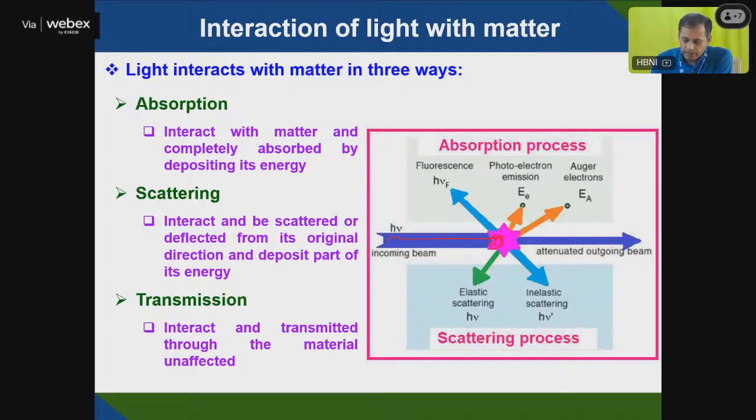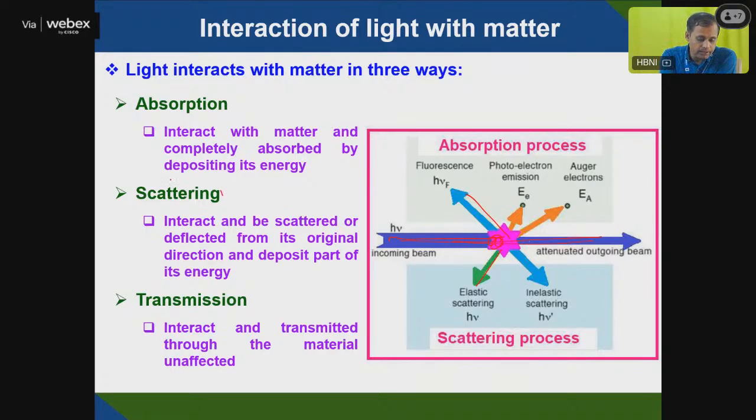Or it can be transmitted, forward or backward. You get a transmission characteristic, where the beam interacts and is transmitted through the material. That may be a destructive interaction, or if it does not affect the material properties, a non-destructive interaction.